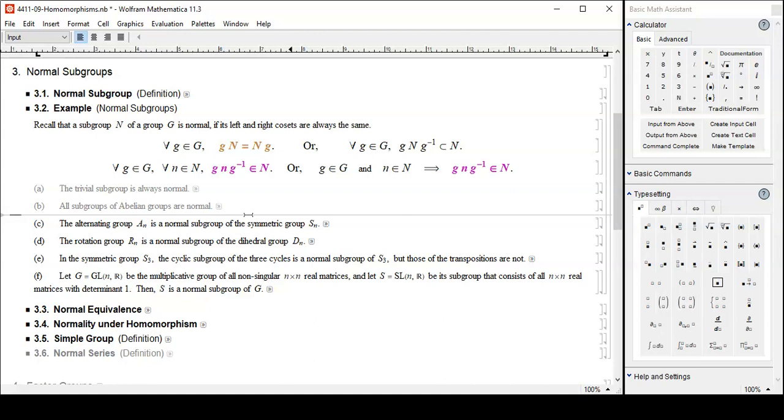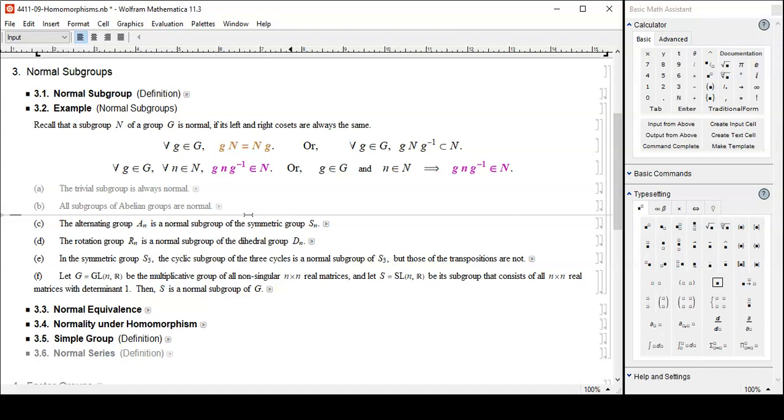What is an alternating group? It's a subgroup of a symmetric group that consists of even permutations. Remember, every permutation can be decomposed as a product of transpositions, but the number of transpositions required is not unique.